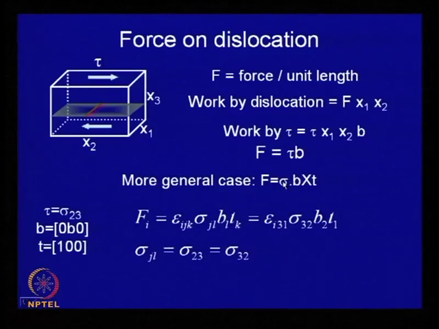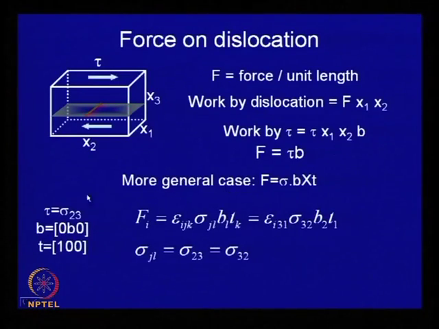So, this is equal to sigma dot b. It is a dot product with the state of stress, which is a second rank tensor, and so, this is also a vector, and you take a cross product with the dislocation direction. So, this is the force acting on the dislocation.